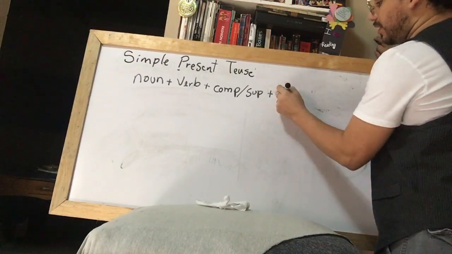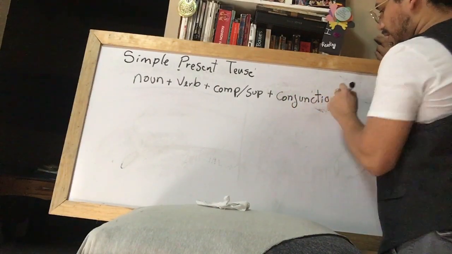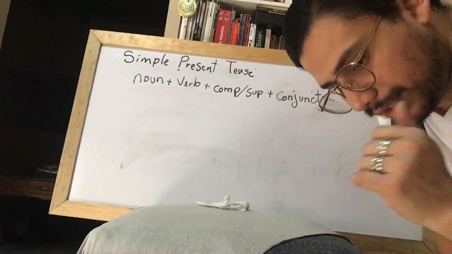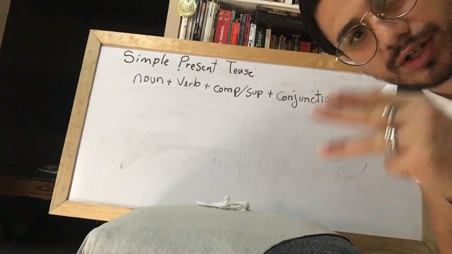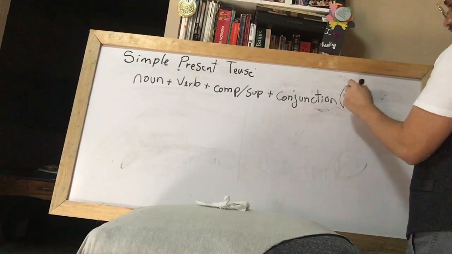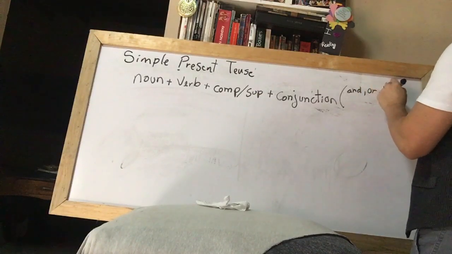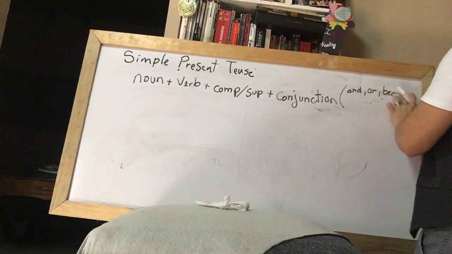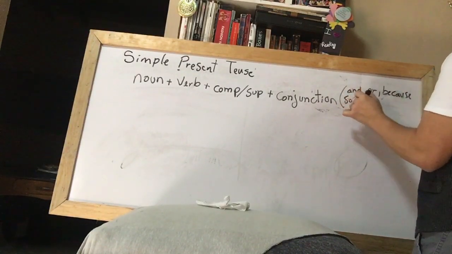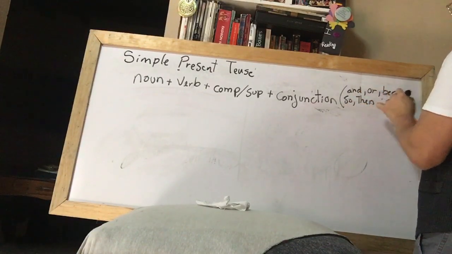We can write in here a conjunction. Because sometimes I have to remember the conjunctions. But, and, or, because, so, then. So in the conjunctions, we can write them in here. And, or, because, so, then, and there's a bunch more.